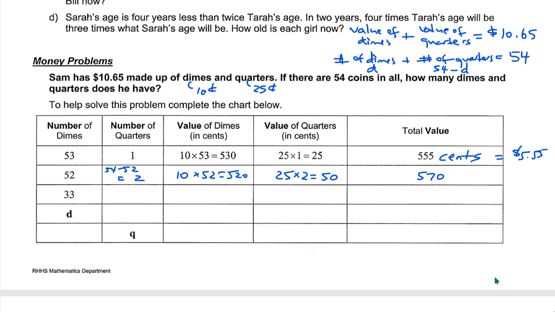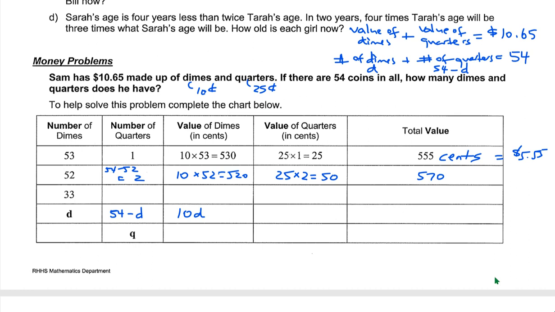Now, what if you had D dimes? Well, then to get the number of quarters, you'll take your 54 and subtract D. Now, what's the value of D dimes? The value that you have in dimes is just 10 cents times the number of dimes, right? Just like up above. And what's the value of quarters?